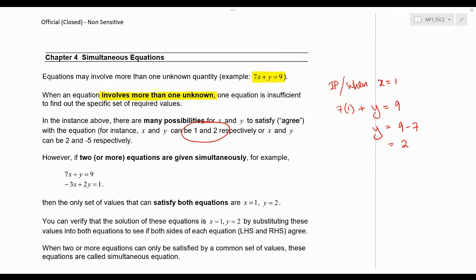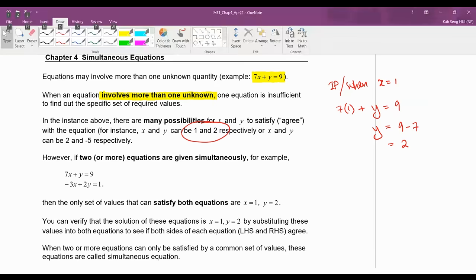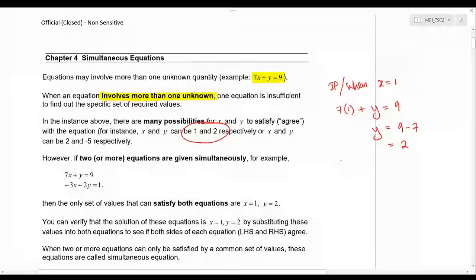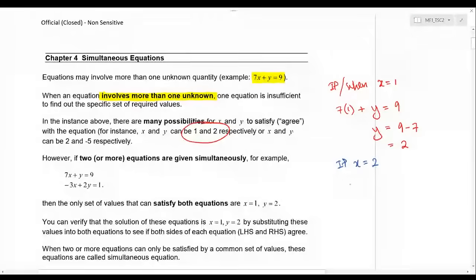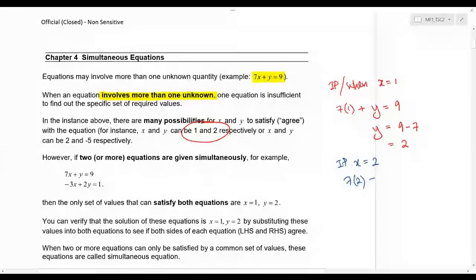If you subtract both sides by 7, you end up with y being 2, which is the example you're seeing here. At the same time, let's say x is equal to 2, then 7 times 2 plus y will be equal to 9. 7 times 2 is 14, so if you subtract both sides by 14, you'll end up with a y value of negative 5.